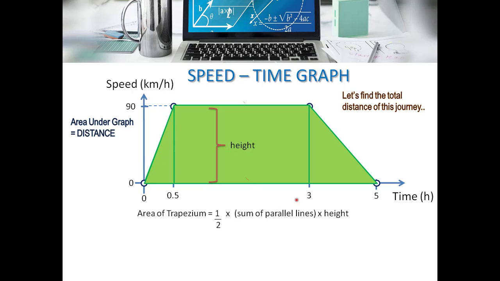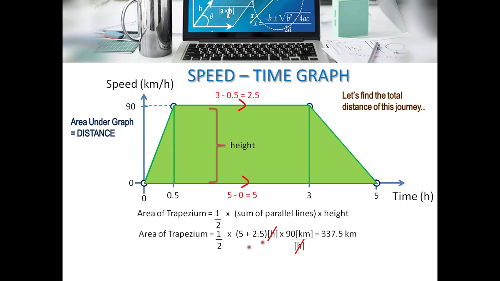So after the height, you can find the parallel lines. The first one, A, let's say, the line is equal to 5 minus 0 equals 5. Actually the length is 5, and another one is 3 minus 0.5 over here.